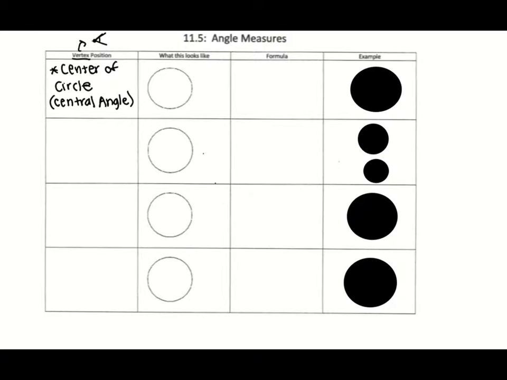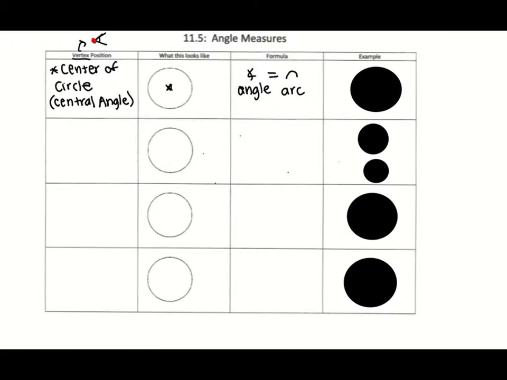Right here, I'll make it a different color. This red point is our vertex of the angle. So if our vertex is right in the center of our circle, then we know our formula: our angle equals our arc.